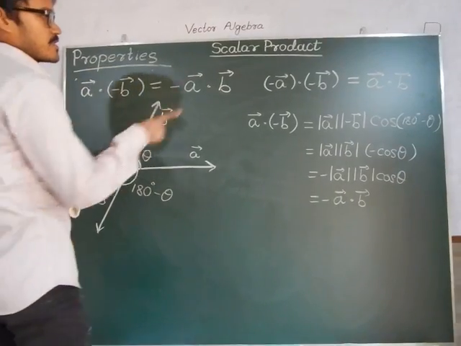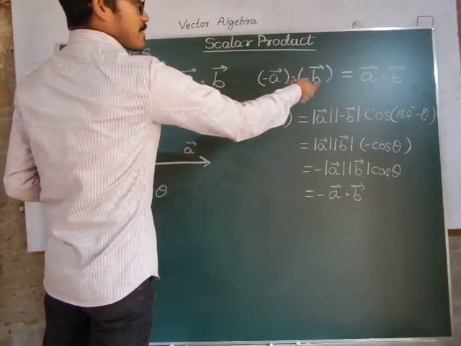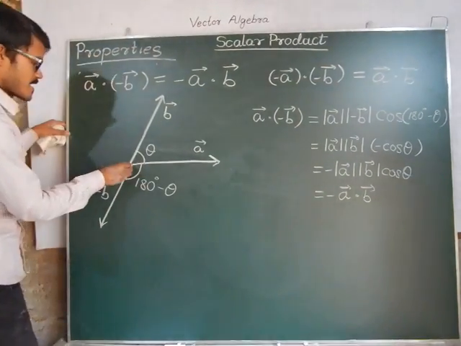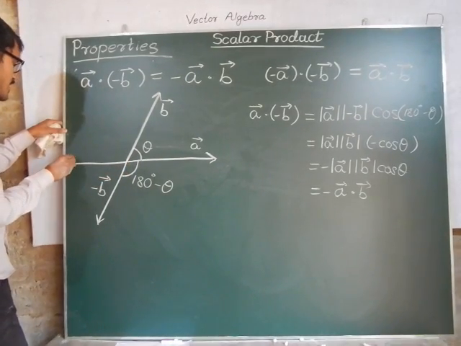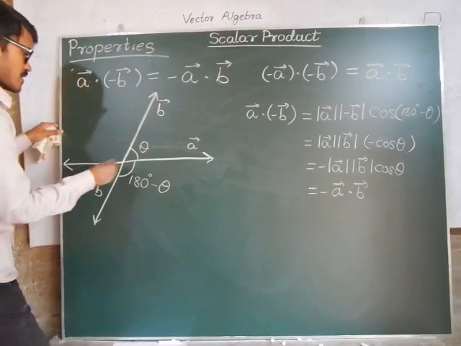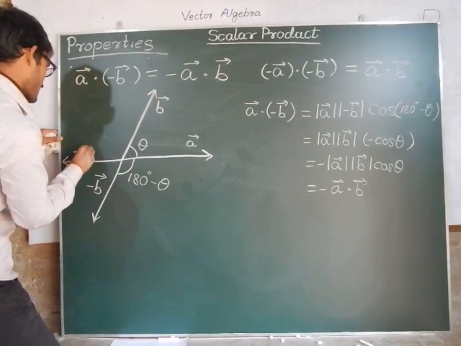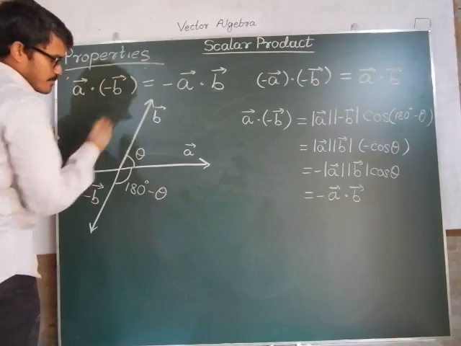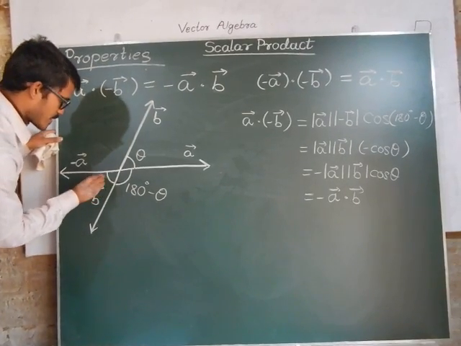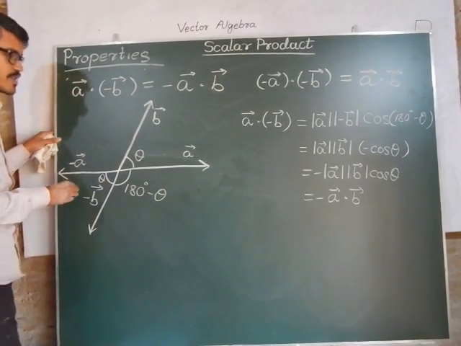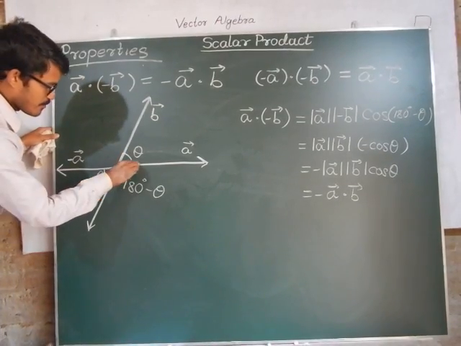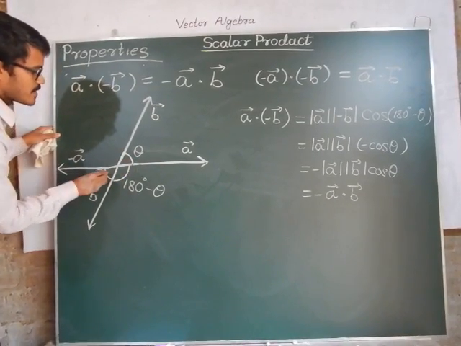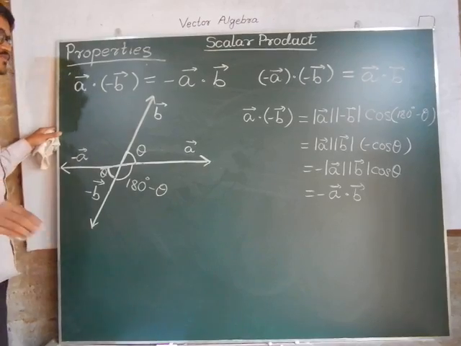Second one is minus A dot minus B. So this is A, and this will have length equal to A but in opposite direction, this is minus A, and this is minus B. If theta is the angle between A and B, then theta is also the angle between minus A and minus B, because this is a vertically opposite angle. If this is theta, then this is also theta.